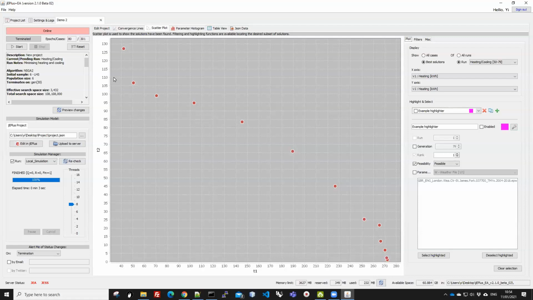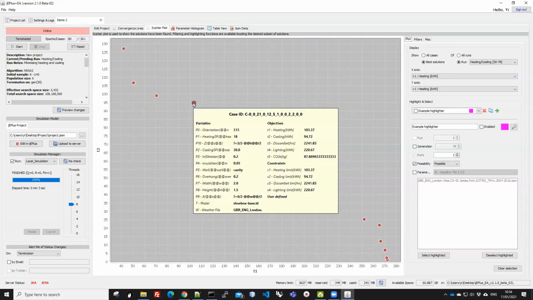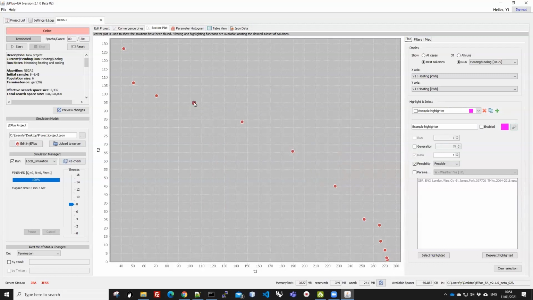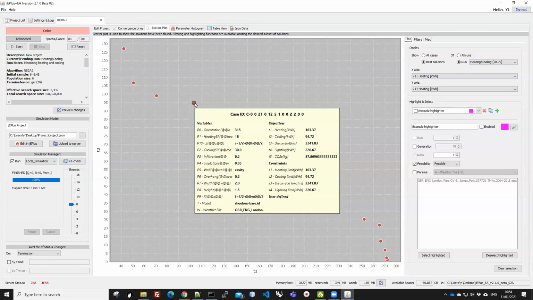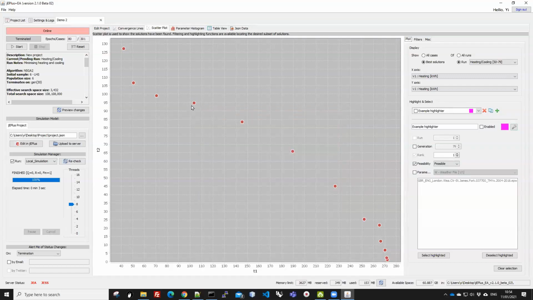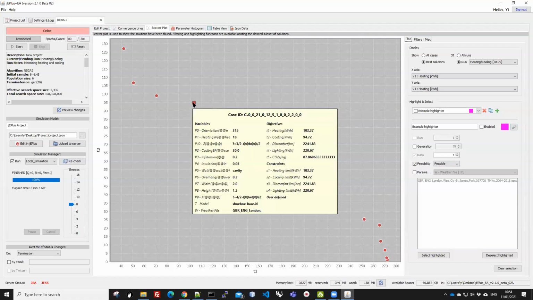So now if you decide that, say, 100 kilowatt hours of heating and about 100 kilowatt hours of cooling is the best trade-off you want for heating and cooling, then you know this will be your solution. And you only need to orientate it to, again, this is 315. It's more or less east, isn't it? So this will be the case you choose.